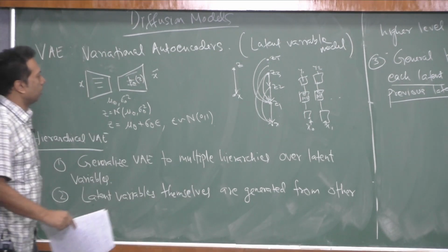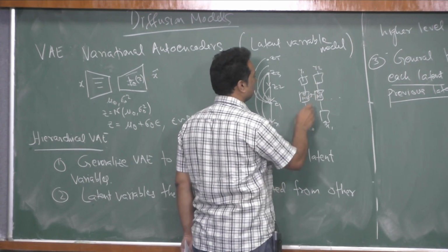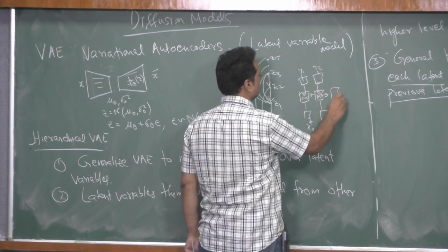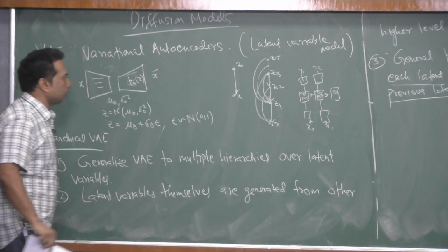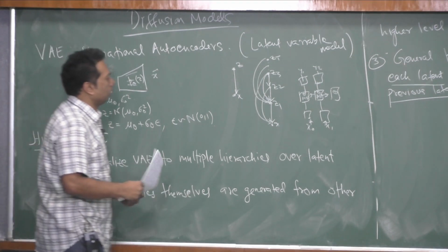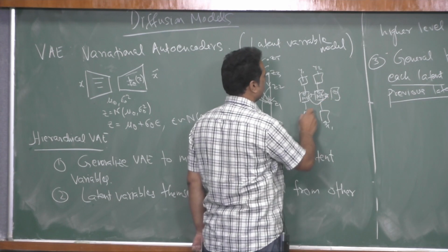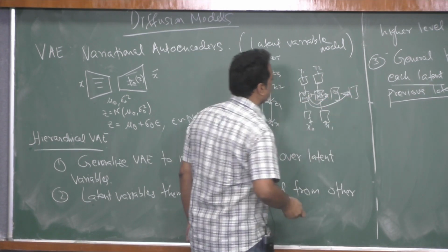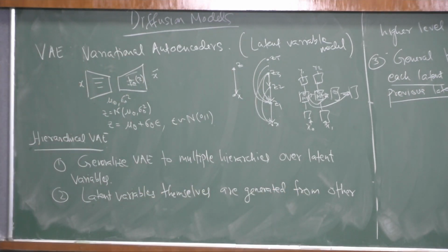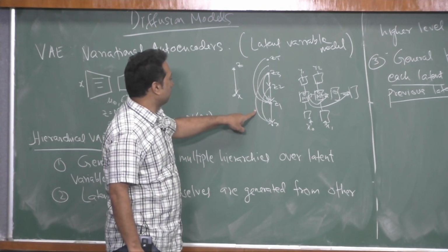So here again it's like we have the weights across the latent variable, and then we have weights across these latent variables and so on. So here also in RNN we could have thought of having multiple dependencies. Okay, and similarly here it also fits. So we can do that, but it's just that the network becomes complicated. Here also we can do that, but again it will be a bit complicated.